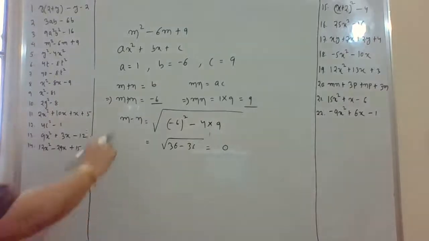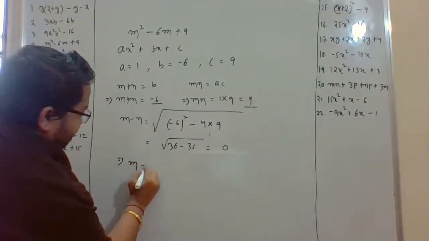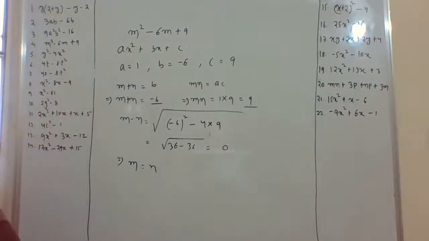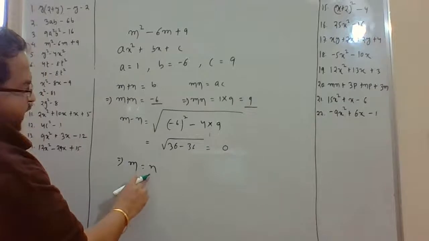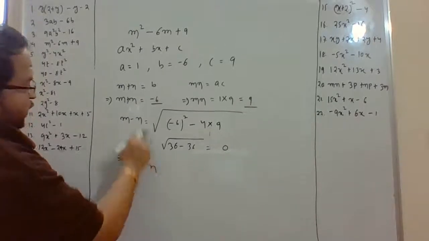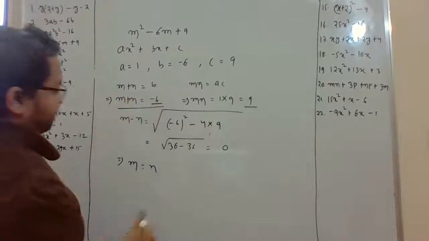So if m minus n equals 0, can I say that m equals n? Right? So now if m equals n, I can put this value in any of these equations. So m plus n equals minus 6.